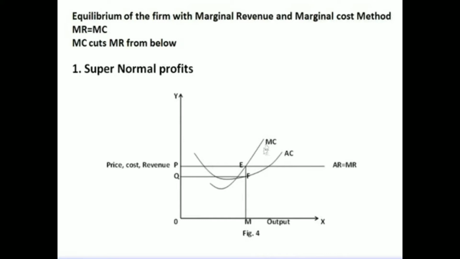AR is greater than AC. We can see this in the figure, where AR is greater than AC at the profit maximizing level of output.